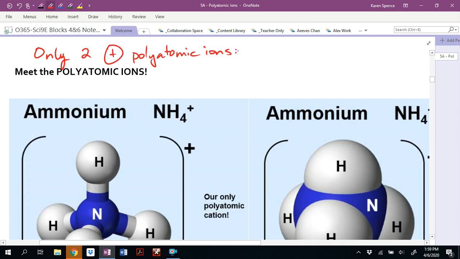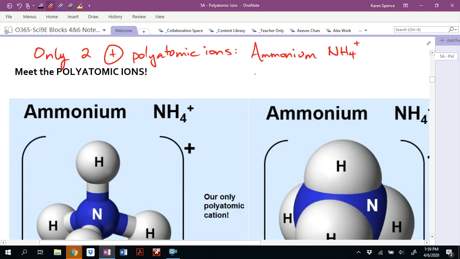One of them is ammonium, which is NH4 with a plus, which means we have 1 nitrogen and 4 hydrogens and an overall +1 charge.